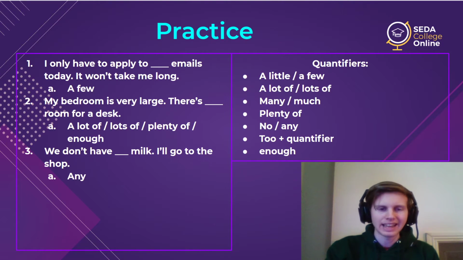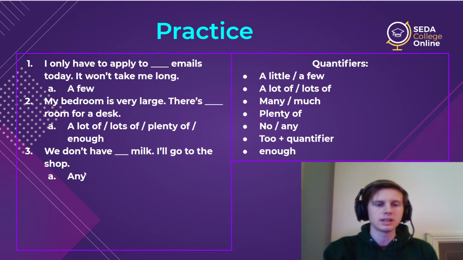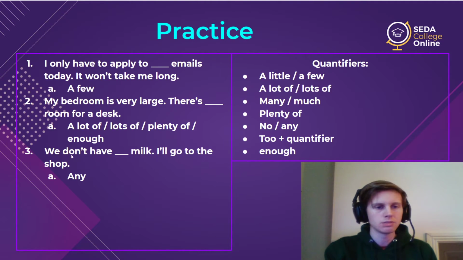We don't have any milk. I'll go to the shop. So if I'm going to the shop, I know I do not have any, so I must say any. You could switch the sentence: we have no milk, I'll go to the shop. That's okay too, but because we have negative on the verb, don't have, I need any.